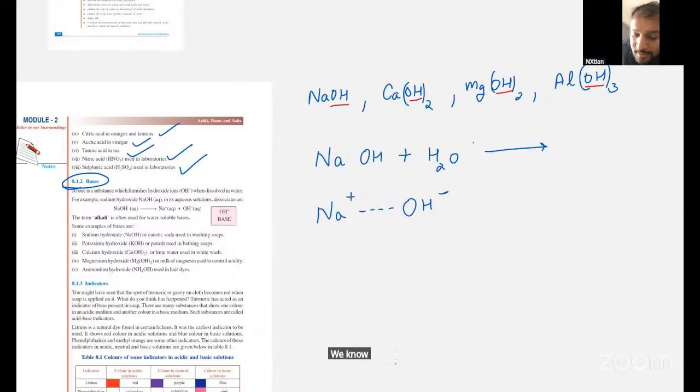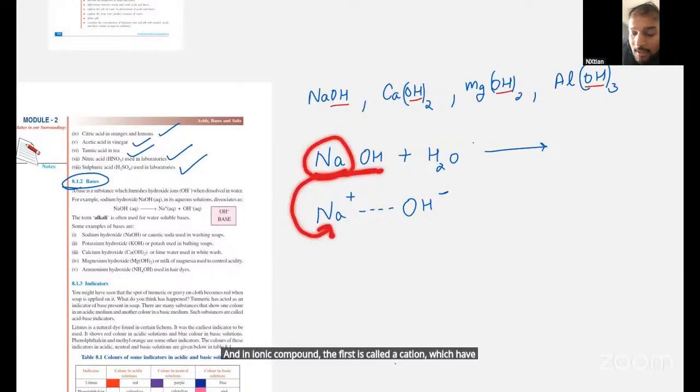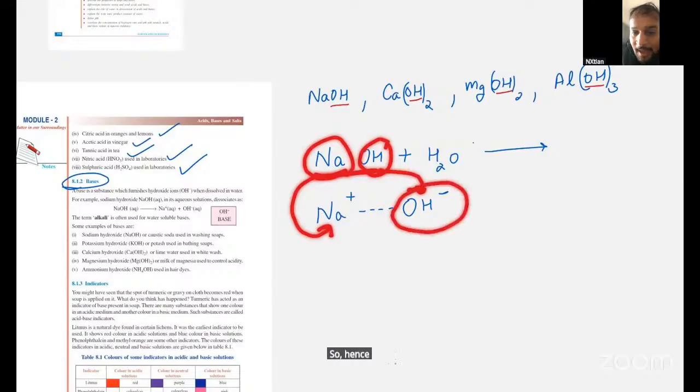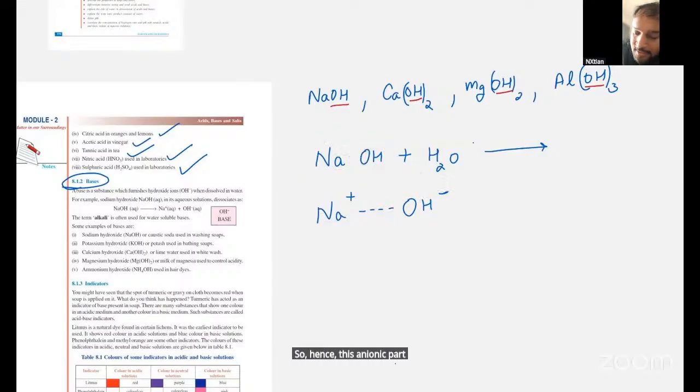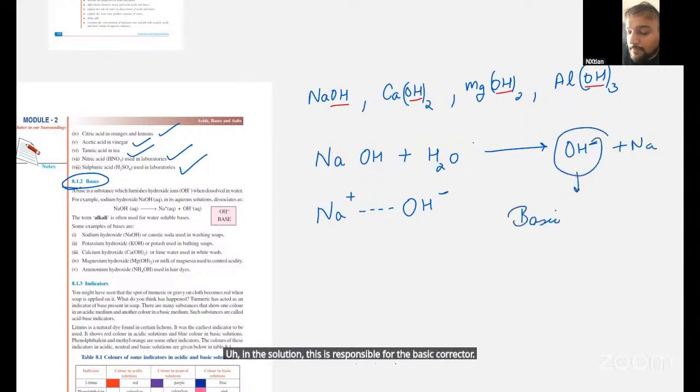This is an ionic compound, and in an ionic compound the first part is called the cation, which has a plus charge, and the last part is OH minus, which is the anion. This anionic part, when it is found in the solution, is responsible for the basic character.